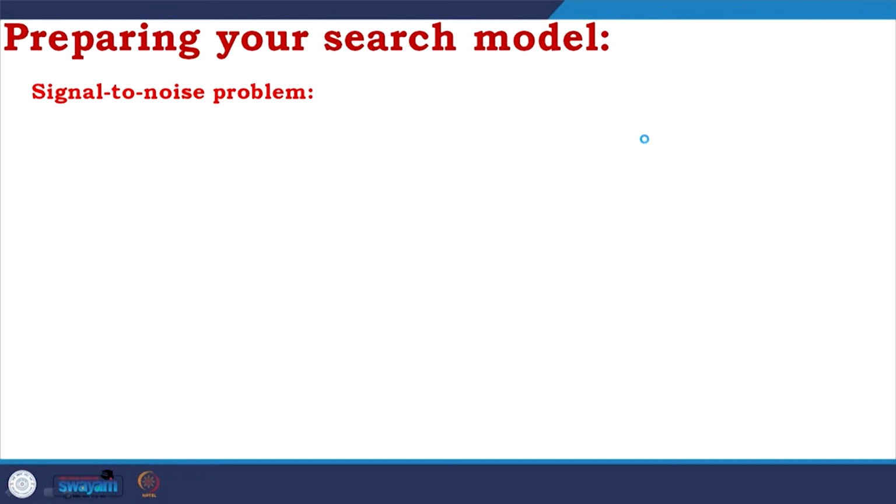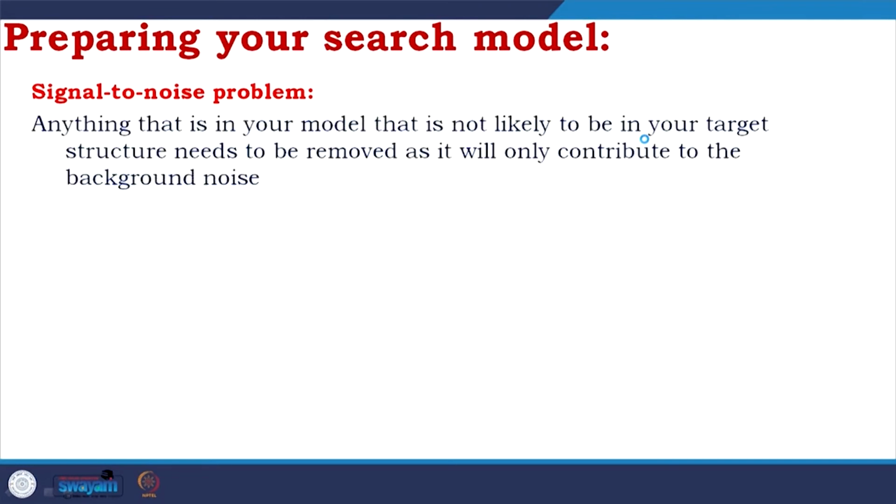So, how to prepare your search model? Signal to noise problem. Anything that is in your model which is not likely to be in your target structure needs to be removed, as it will only contribute to the background noise. You have to understand this point critically.